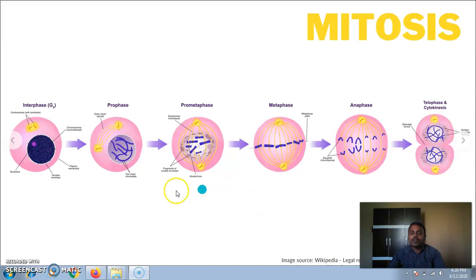So from interphase it enters into prophase, then metaphase where everything aligns in a central line, then in anaphase it splits your chromosomes, and in telophase all the copied things will be segregated into two sides. Finally, in cytokinesis it forms two daughter cells. Then again these two daughter cells are going to undergo the same cycle followed by the parent cell. So this is how a cell cycle works.